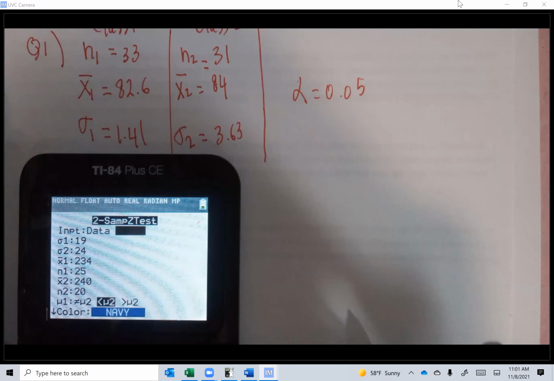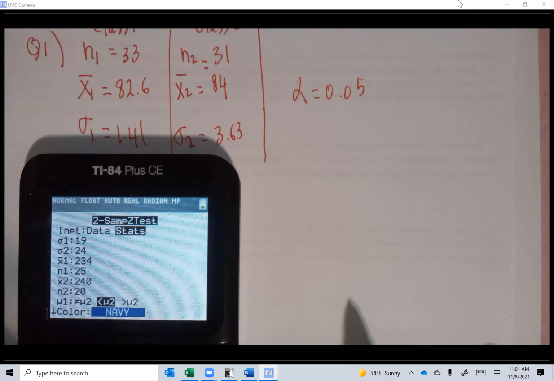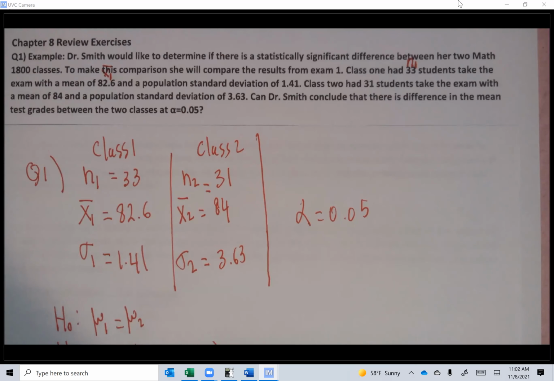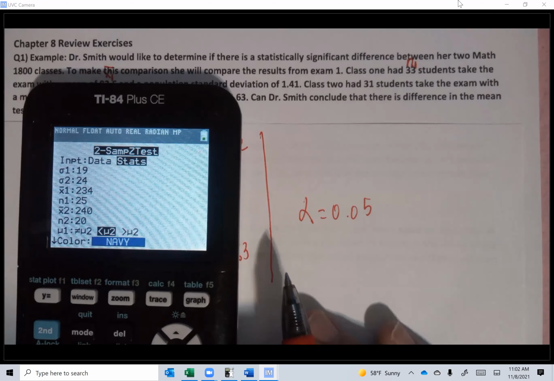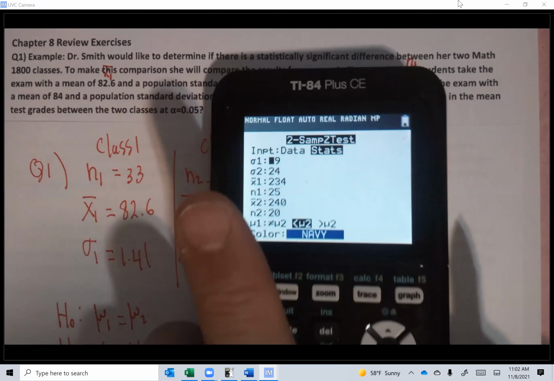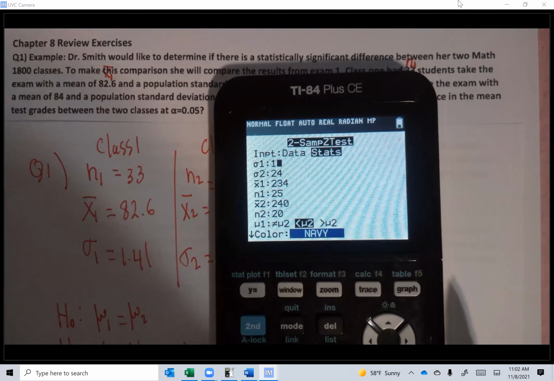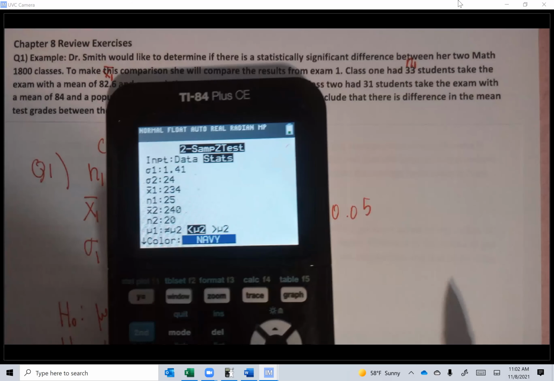Population of class 1 and population of class 2. So class 1 and class 2, these are the populations. So sigma 1, let me just put them on this side, guys. It's 1.41. Sigma 2, 3.63.